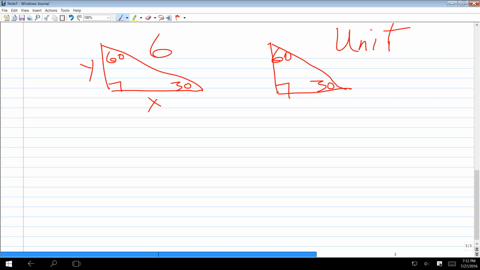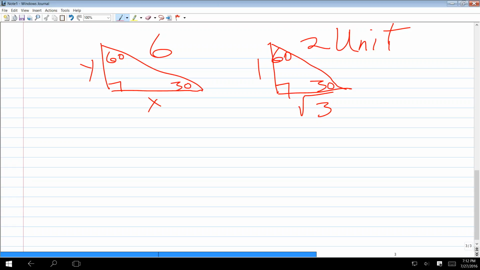So what is opposite the 30 degree? 1. That's why it's called unit. And this is square root of 3, and this is 2.